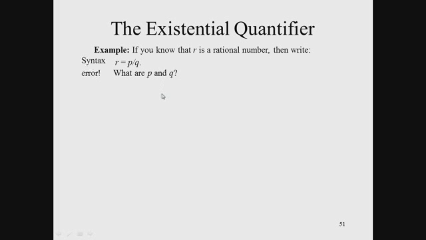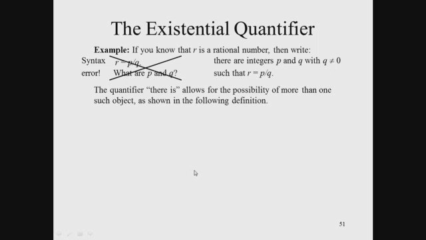This is what I call a syntax error. A syntax error is when you have symbols that are undefined, or, for example, an operation that cannot be performed. This is incorrect. If you know that r is a rational number, then here is what you should write: there are integers p and q with q not equal to 0 such that r equals p over q. You need to put in the quantifier and you need to describe your symbols, integers p and q.